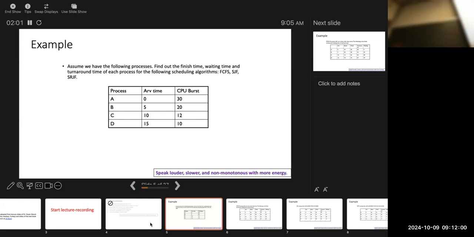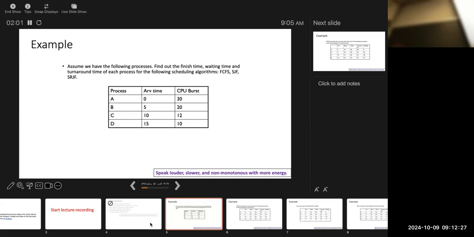Turnaround time. Has anyone found turnaround times? The only difference is that this time you will be taking the difference between the arrival time and the completion time, not the time when it is scheduled. For example, the turnaround time for A: it arrives at 0, it completes at 30, so it is 30, while waiting time was 0.